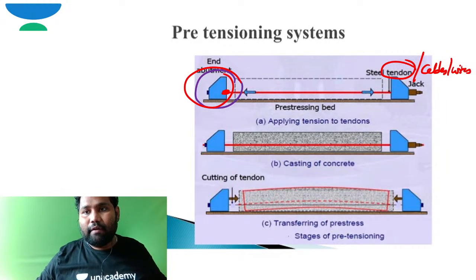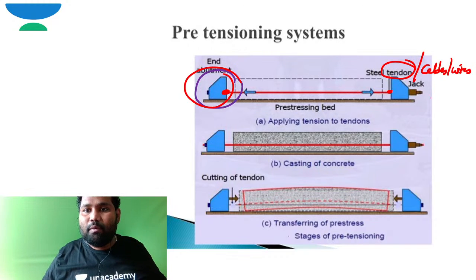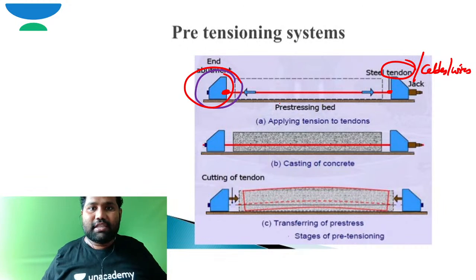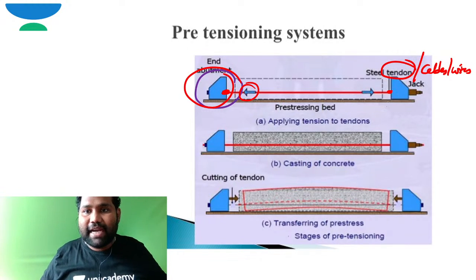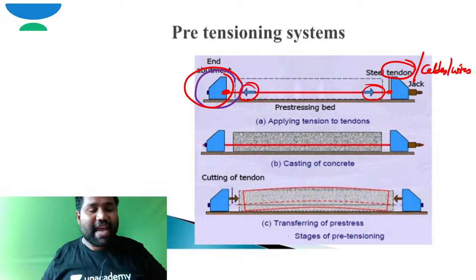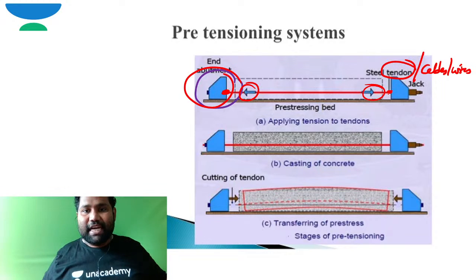When we move one abutment, that abutment will apply tension action in the steel tendons, isn't it? This is how the tension action is embedded in the steel tendons.